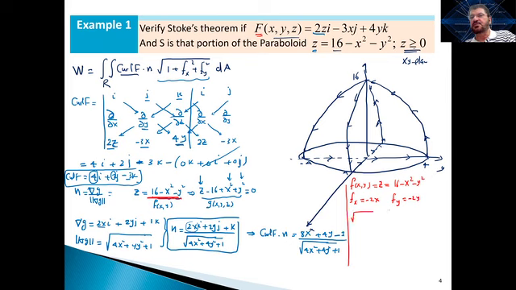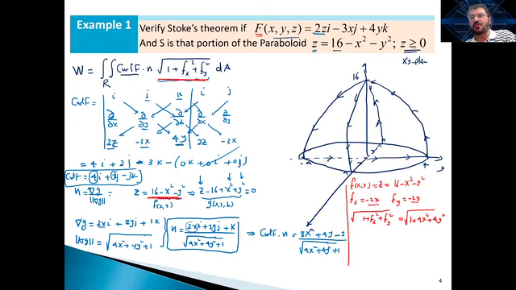The square root of 1 plus fx squared plus fy squared, which is this part, is going to be the square root of 1 plus the square of this, which is 4x squared, and the square of that, which is 4y squared.